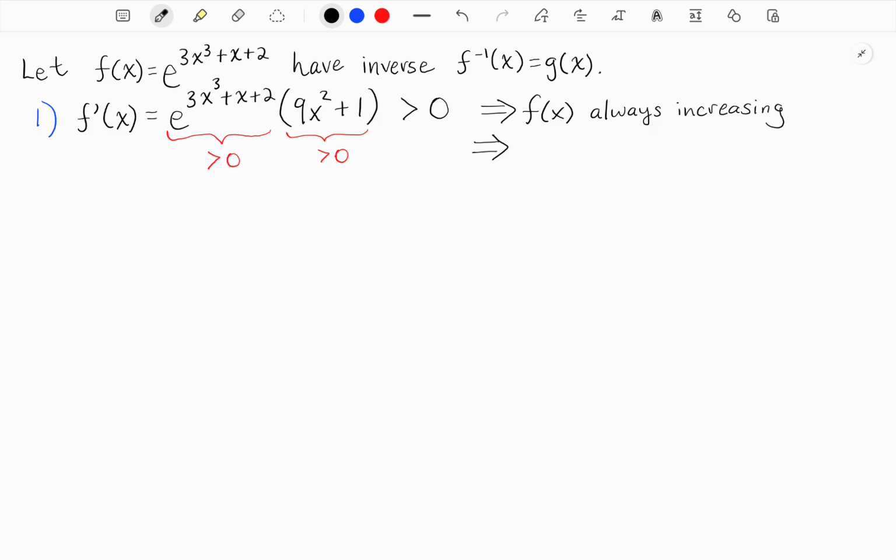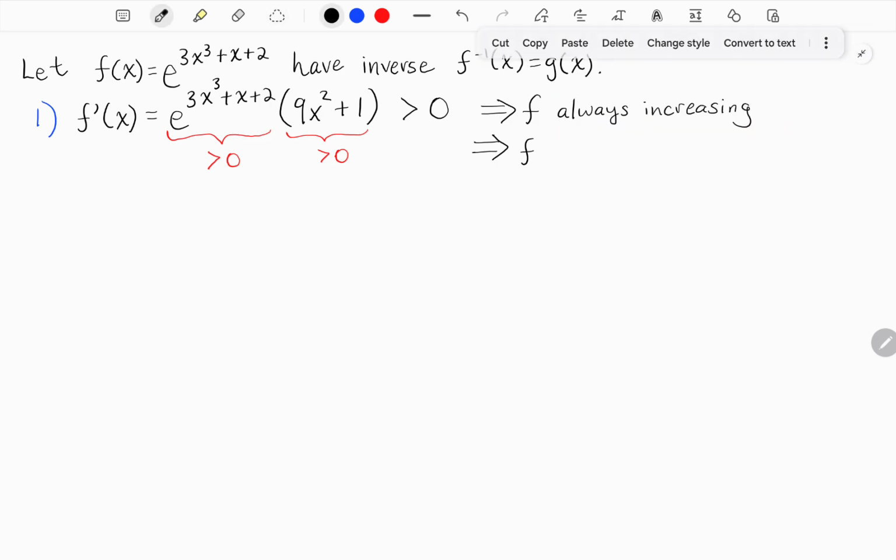Okay, as you give me large numbers of x, as x gets larger and larger, the output gets larger and larger. And similarly, as x gets smaller and smaller, the output gets smaller and smaller. So f is always increasing when we move from left to right. So f is 1-to-1, or I should say f is always increasing.